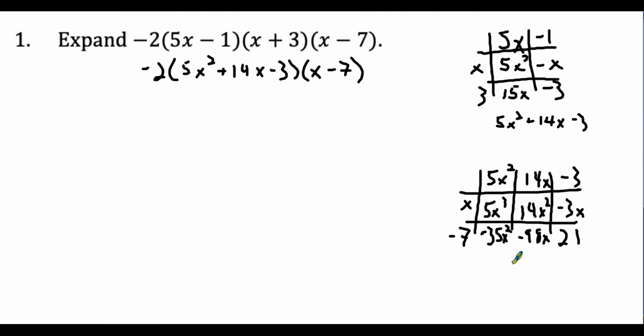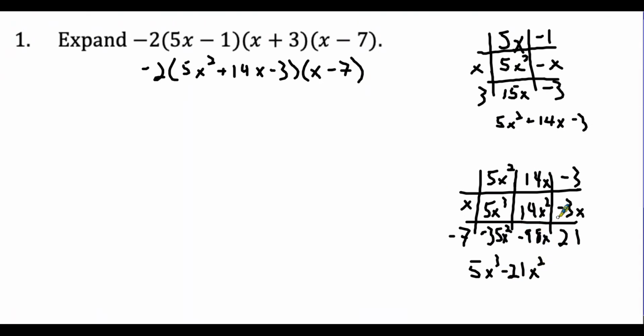So now I've got some other like terms to combine. No x cubes to combine, so that would just be 5x cubed. I can combine my x squareds here, so negative 35x squared plus 14x squared would be negative 21x squared.